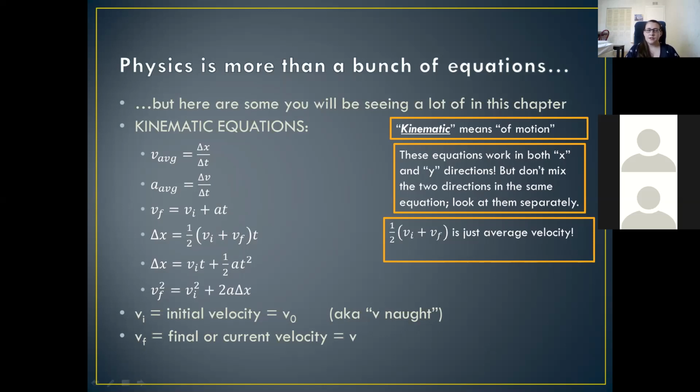Your final velocity or your current velocity could be written as either VF or just V, because we're assuming velocity pertains to instantaneous velocity, and we just call that velocity. So VF or just V means your final or your current velocity at whatever moment you are being asked to find.